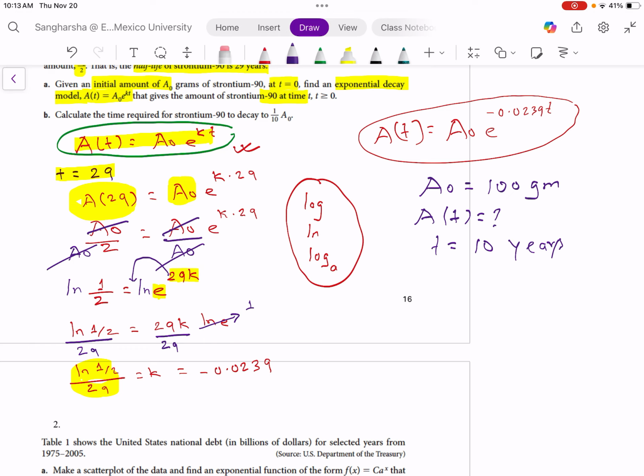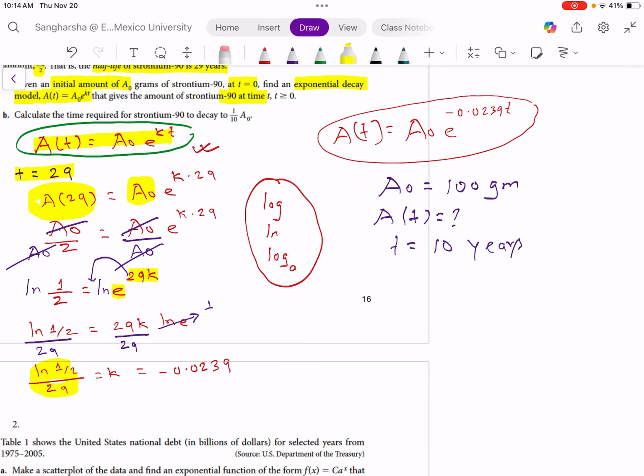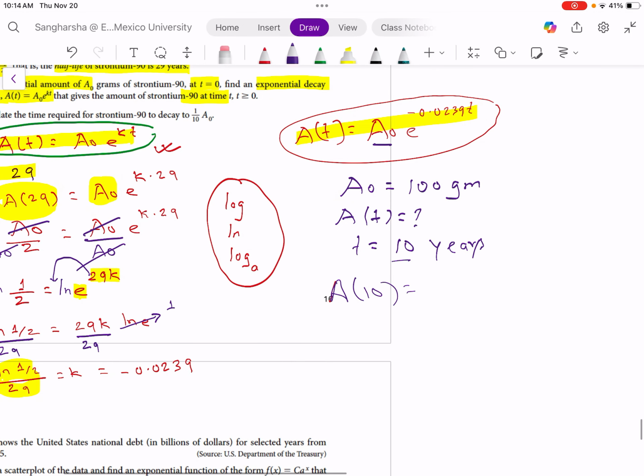That can be found from this function. We know our initial amount A0 of strontium is 100 gram. So we use that model, we use this function. Our target is finding the amount of strontium when our time is 10. So initially we have A0, which is 100.